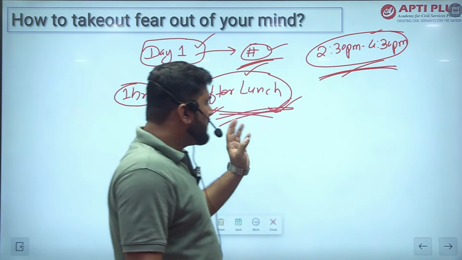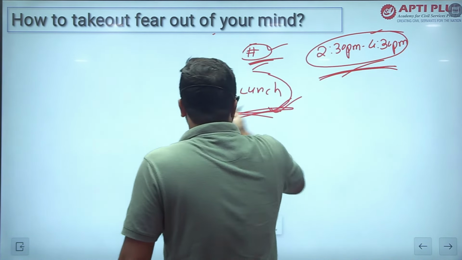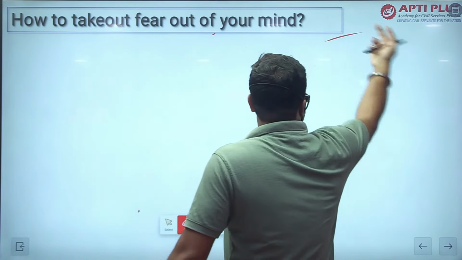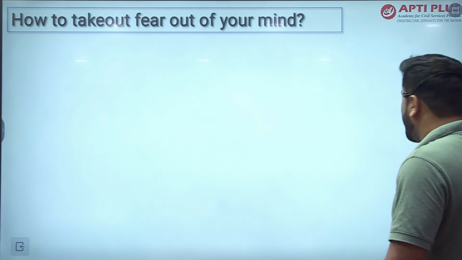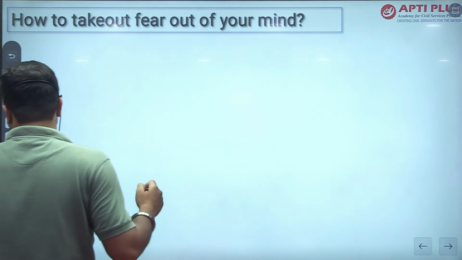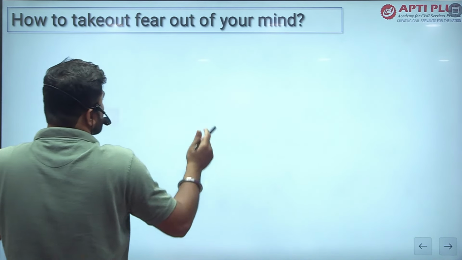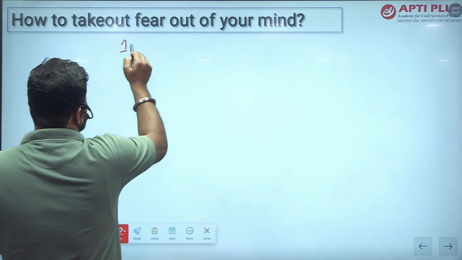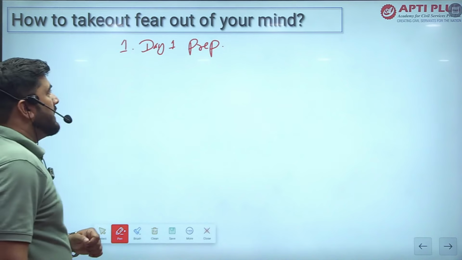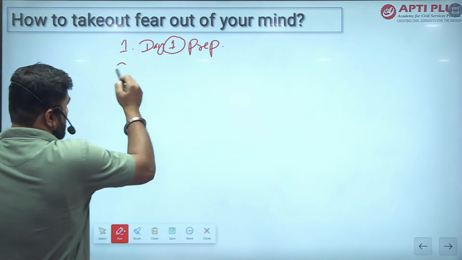And one thing you should keep in mind: proper preparation always comes with proper practice. Everyone should be aware of the basic key points. First, day one preparation strategy: start your CSAT preparation from the beginning.